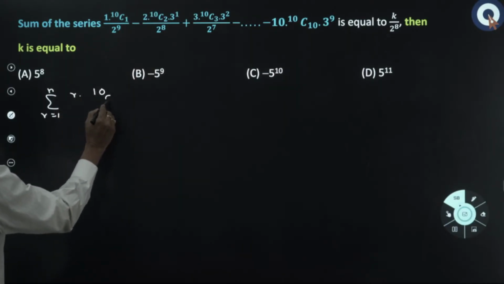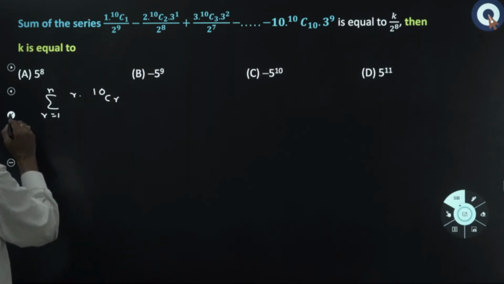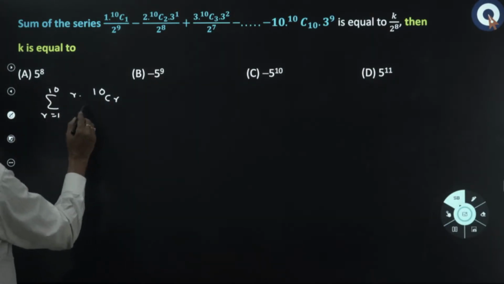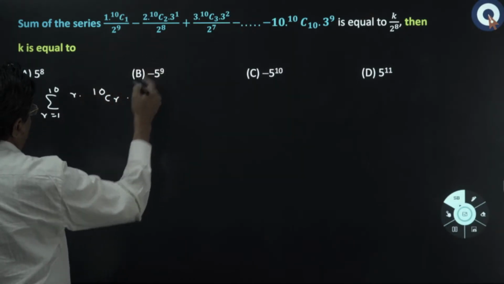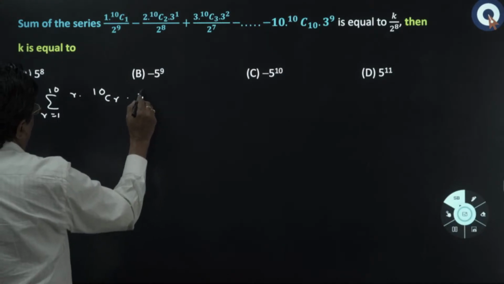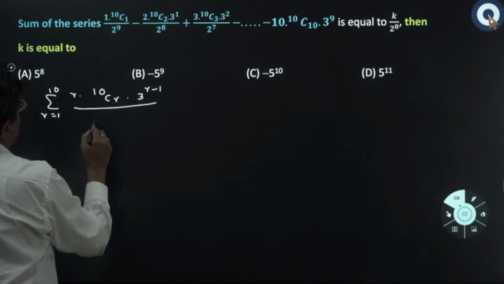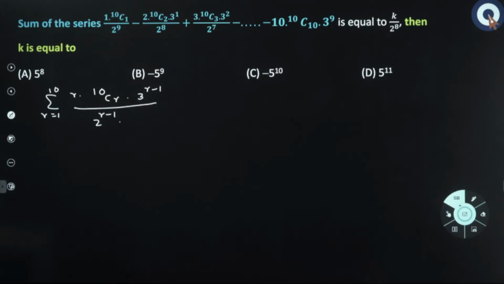Then 10Cr, r is equal to 1 to 10. And 3 power 0, 3 power 1, etc., 3 power r minus 1 by 2 power r minus 1. So this is what is given. This is alternately plus and minus.